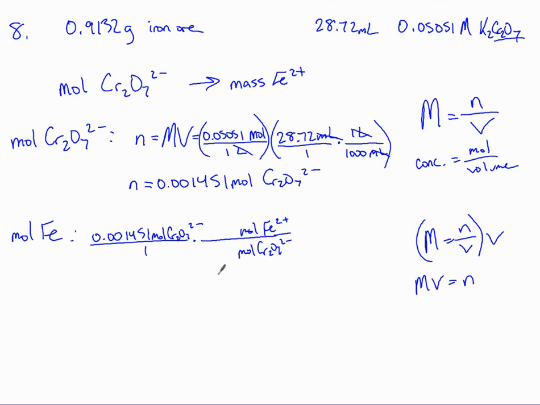Everybody seeing it? 6 to 1. Coefficient for iron 2+ is 6. Coefficient for this other one is 1. So we find that we have 0.008704 moles of iron 2+.